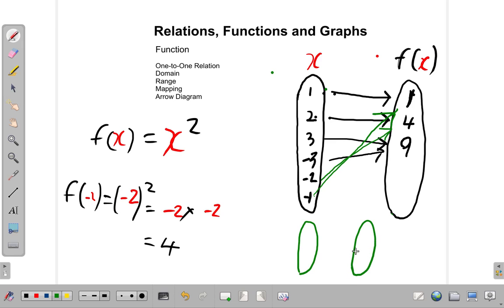If you have a case like this, 1, 2, 3, 4, A, B, C, D, person 1 votes for A, person 2 votes for B. Now you have person 2 votes for C too. That's a violation. That's fraud. You cannot vote for 2 candidates. Right?